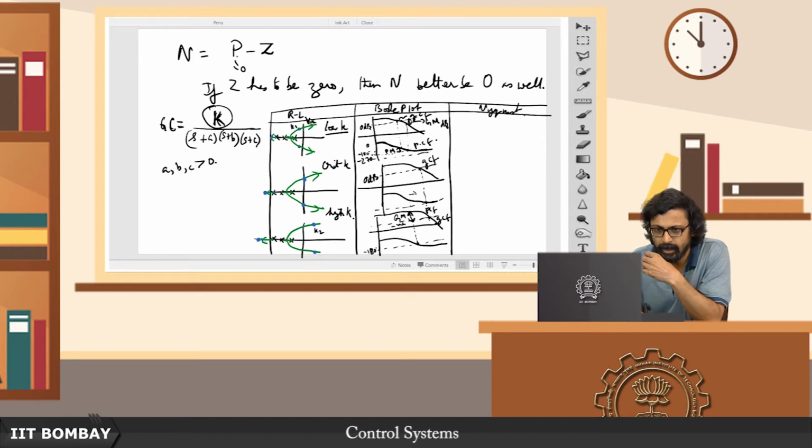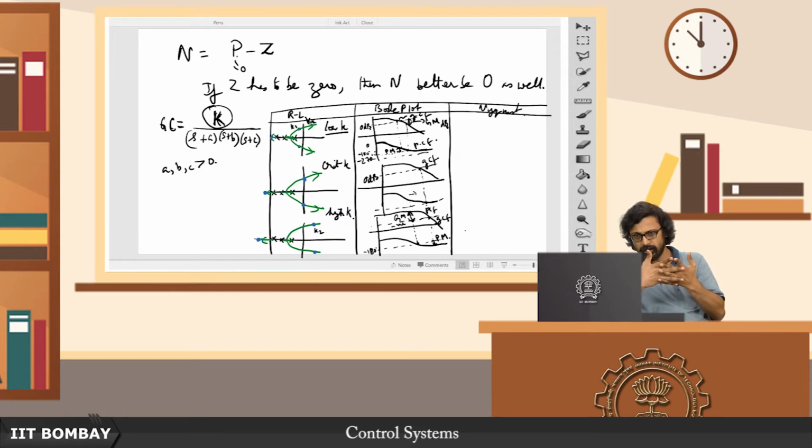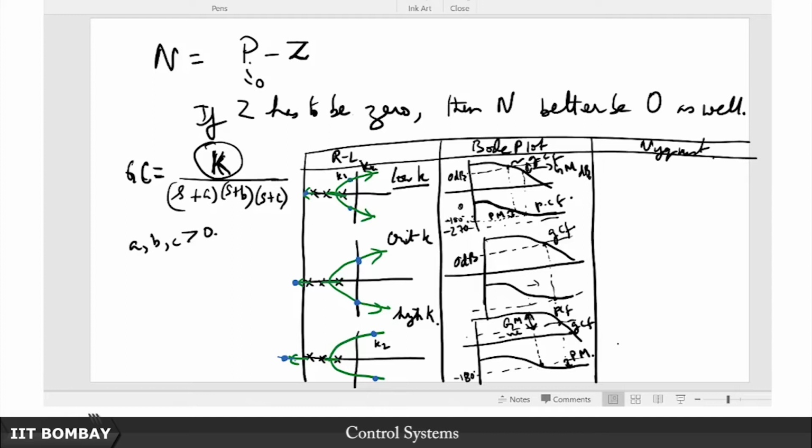Also you see at the gain crossover frequency you have already crossed over, so your phase margin is also negative. So it so happens that in case of an open loop stable system, either both your gain margin and phase margin are positive, in which case if you put that open loop system with that particular choice of gain in a closed loop configuration, the closed loop system will be stable, or both your phase margin and gain margin will be negative, in which case you have to bring down the gain in order to stabilize it.